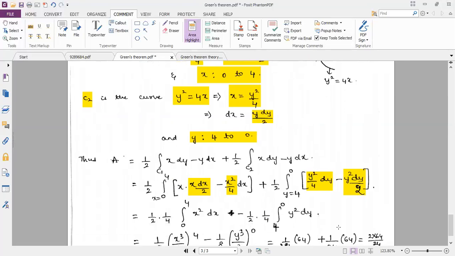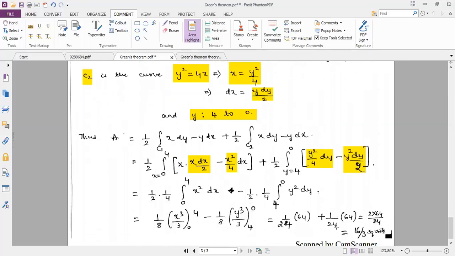Now we need to integrate by simplifying the above expression. We have x square divided by 2 minus x square divided by 4, which simplifies to x square divided by 4. Writing the constant 1 by 4 outside, we have rewritten this step. In the second integral, we have y square divided by 4 minus y square divided by 2, which gives us minus y square divided by 4.